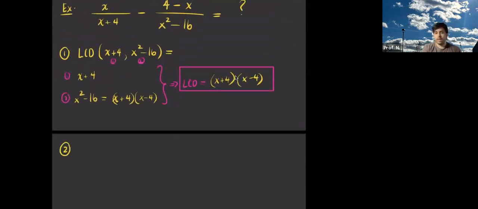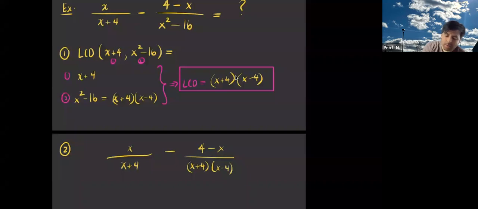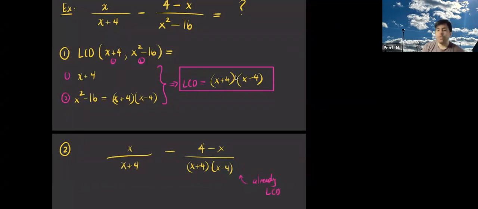Step number 2 now is what? Make the denominators the same. So I got x over x plus 4 minus 4 minus x over x squared minus 16. This denominator is already the LCD, so I don't need to do anything to this one. But this one does need x minus 4 to be multiplied.